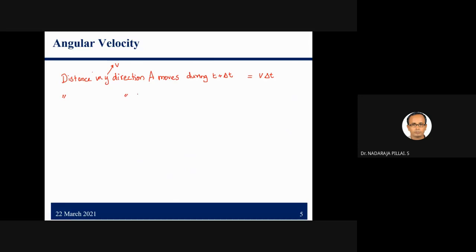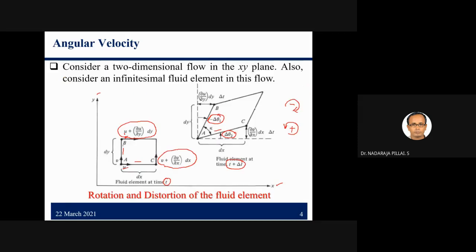C moves in the same time t plus del t, then we can write v plus dou v by dou x into dx, into del t.